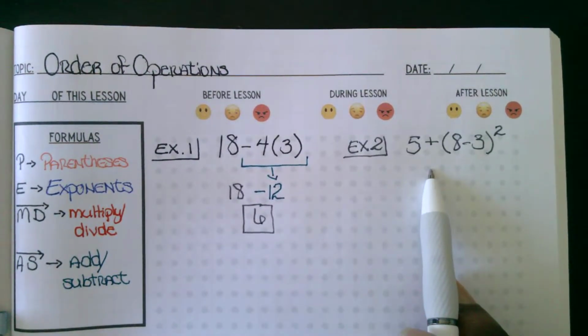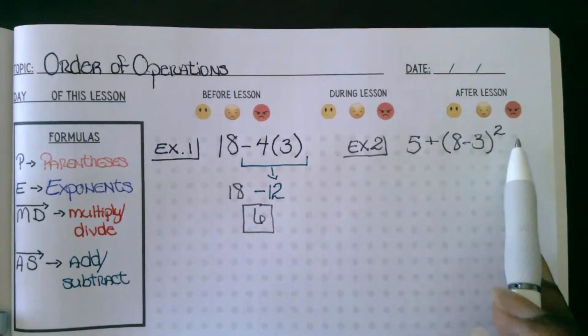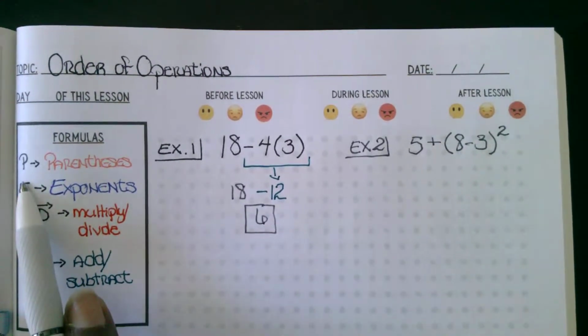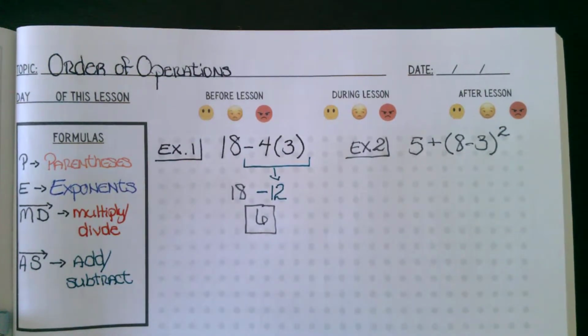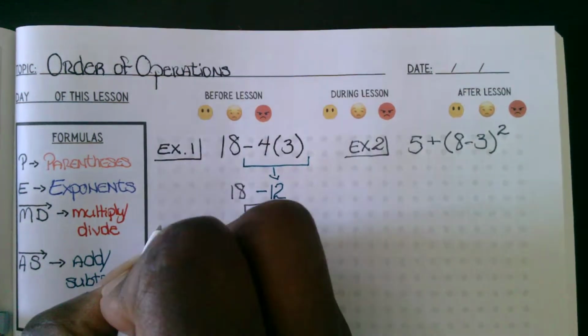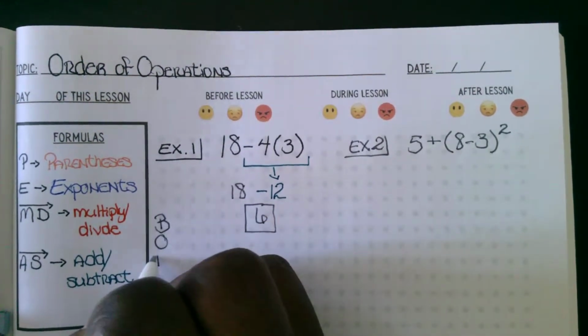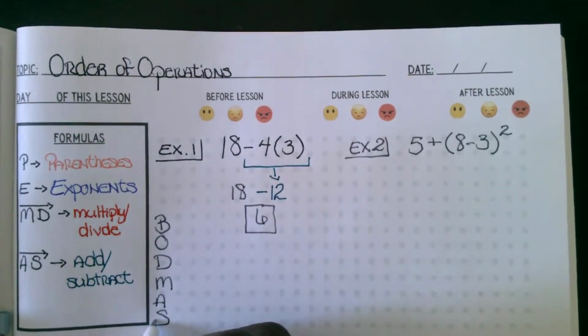So what we're going to do is we're taking a look. We have 5 plus 8 minus 3, quantity squared. So what's happening is, first thing, we're looking at the parentheses. As some internationals, it will be the brackets, okay, the BODMAS. So actually, let me put that down here so I can make sure I'm representing as many people as I can.